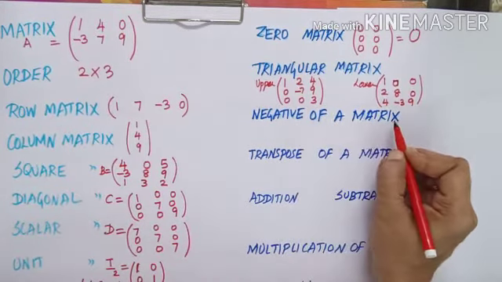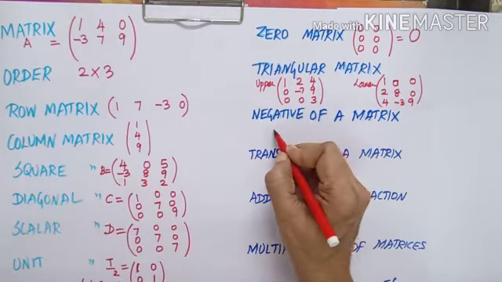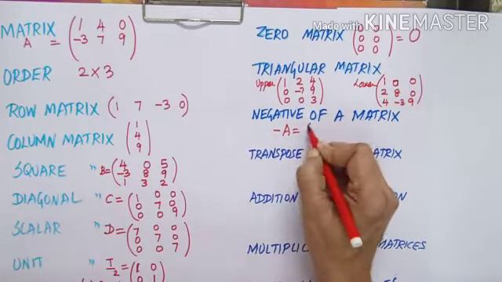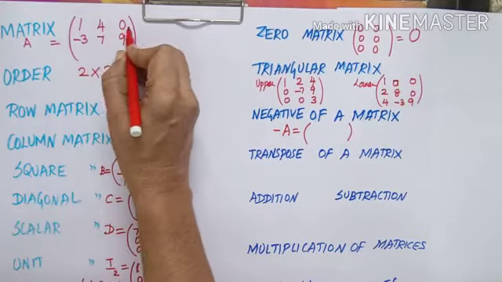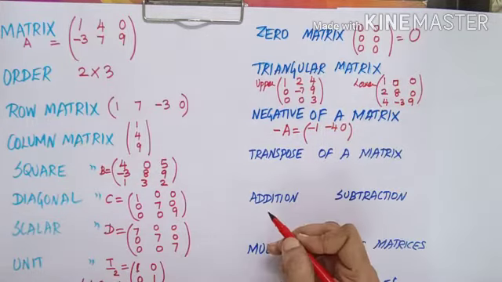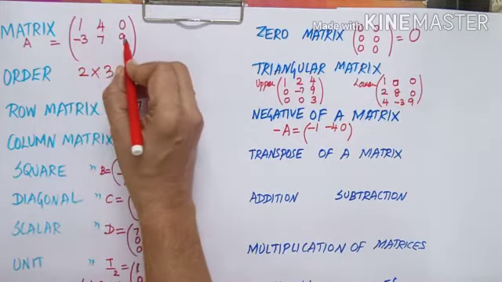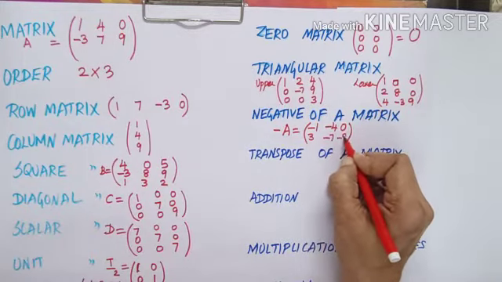Negative of a matrix. Let us take A. The negative tells me it is minus A. Just change the symbols. 1, 4, 0 will become minus 1, minus 4, 0. Minus 3, 7, 9. Change the symbols. 3, minus 7, minus 9.